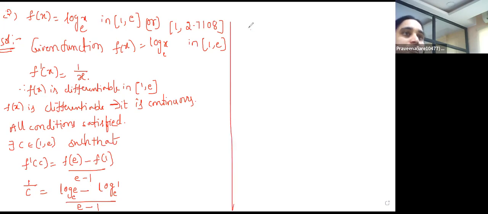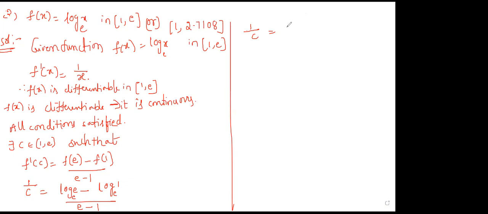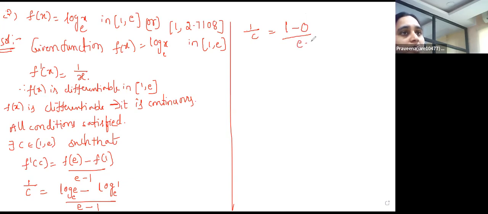From that, 1 by c is equal to log e base e, value how much? Log e value is 1, minus log 1 value 0, by e minus 1. From that, take the cross multiplication here. c is equal to e minus 1.